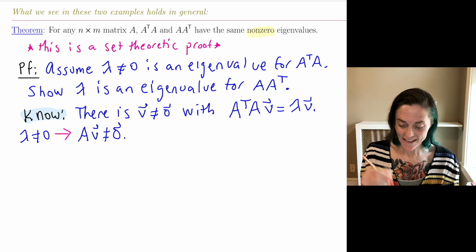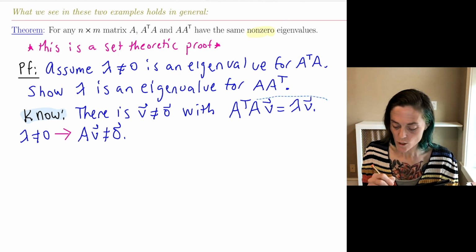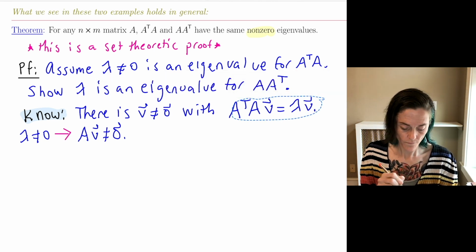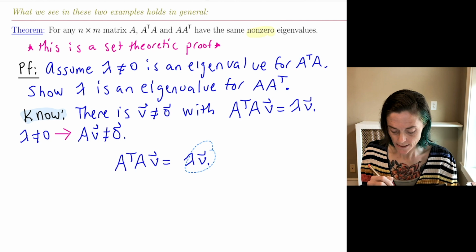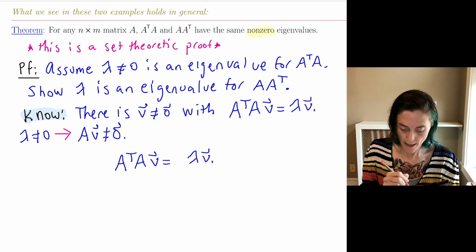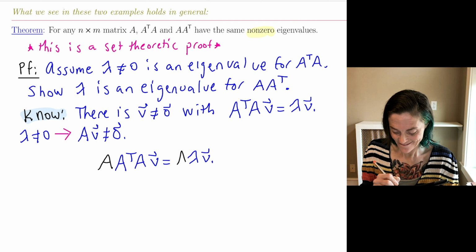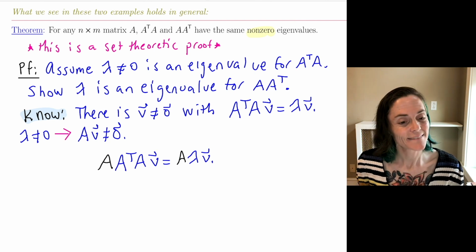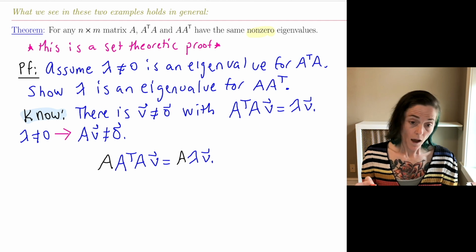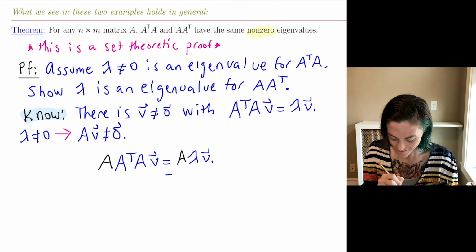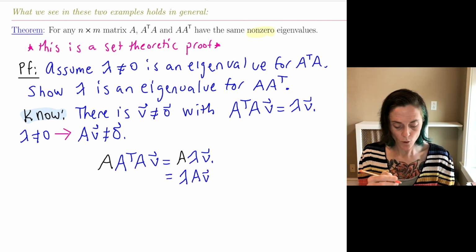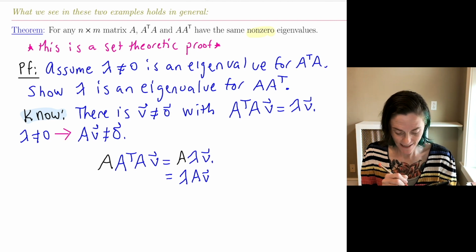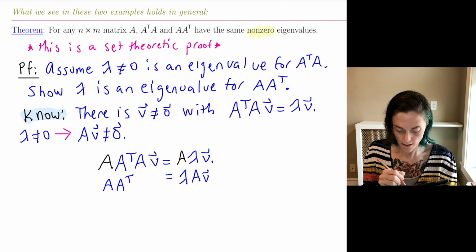Now, let's just multiply. So let's take this equation, which holds, and let's multiply on both sides by the same thing, namely matrix A. Well, what do we see? On the one hand, lambda is a constant, so I get lambda AV. And on the other hand, look what I have. I can rewrite this side as A transpose times AV.